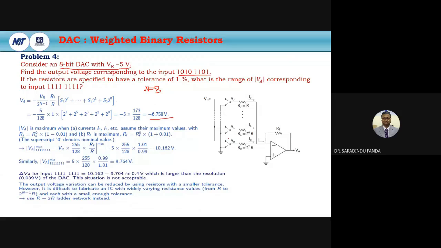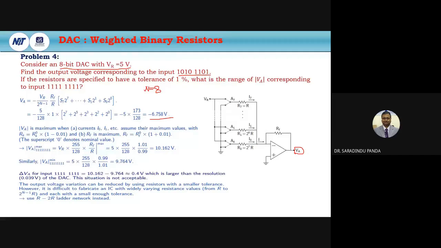So this is the VA at the point of this, finally. This is the VA, the output voltage. This is the proportionality constant K, or the resolution. Now VA is maximum when the currents I0 to I7 assume their maximum values, with the R into tolerance.